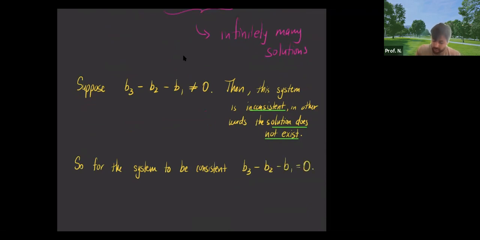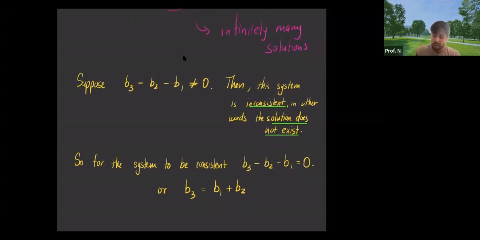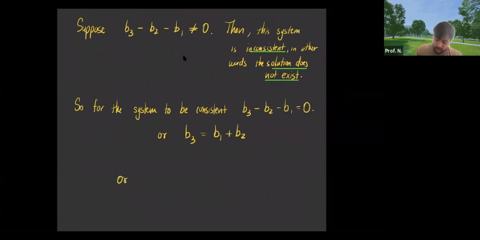Or you can say B3 is equal to B1 plus B2. So if you solve for B3, you get the sum of B1, B2. Or you can say the column vector B must be the following. It could be anything for B1.